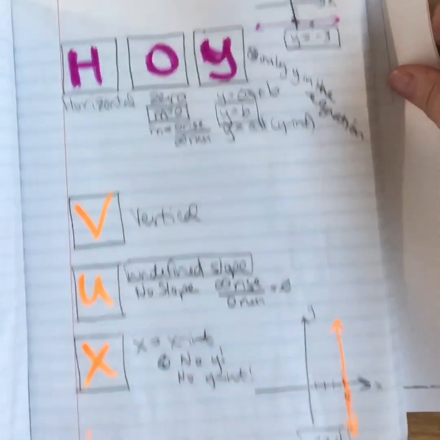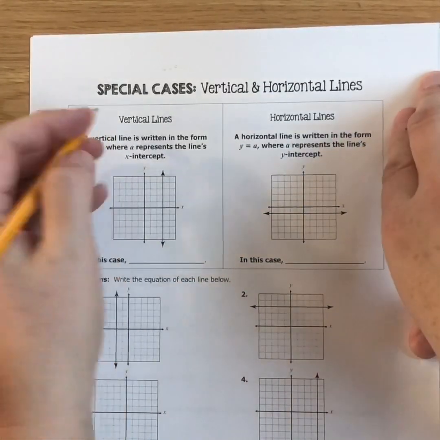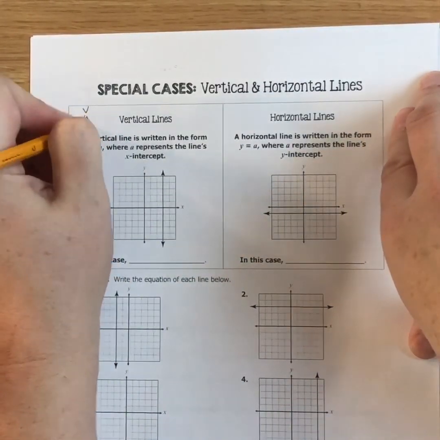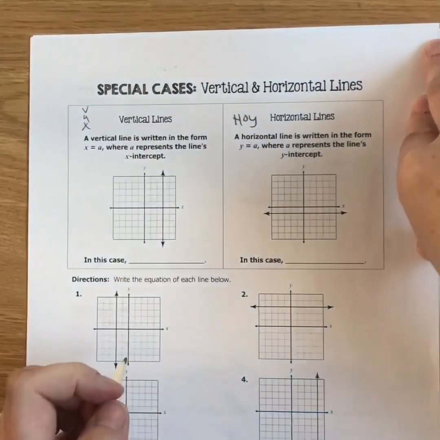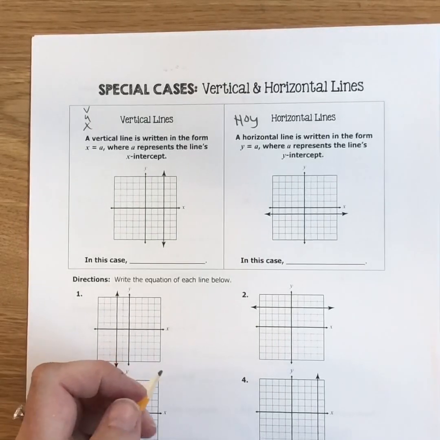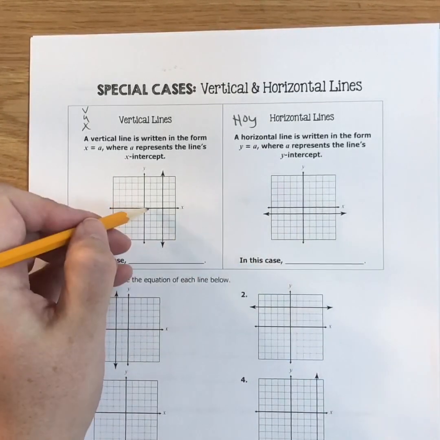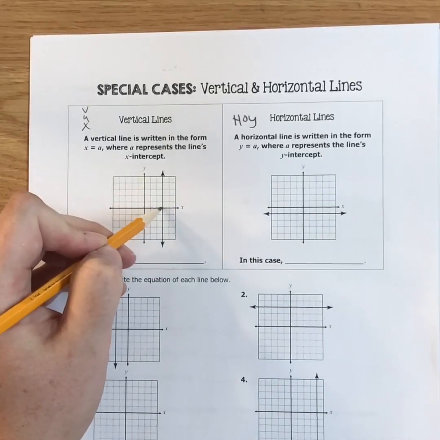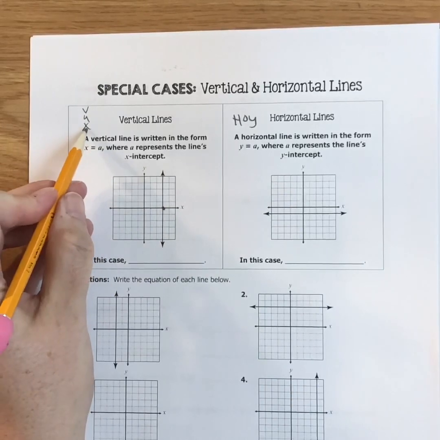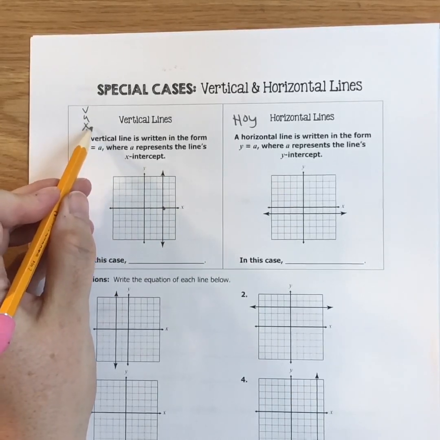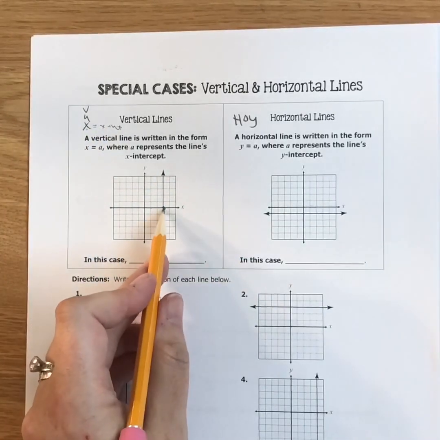So now, for vertical lines, I want you to write the VUX, and we always write it vertically. And for horizontal lines, I want you to write HOY, because that's a very powerful acronym. So if I count over here, the x-intercept is positive 3. Remember how we said it's always going to be x equals the x-intercept for the equation, which is positive 3.